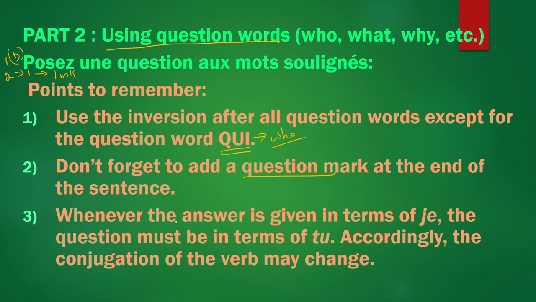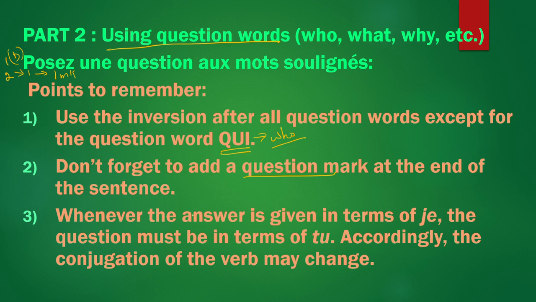If I ask you the question, where do you live? Your answer will obviously be I live in so and so place, right? So your question is in terms of you, where do you live? But your answer is in terms of I live in so and so place. So if you're given the answer, I live in XYZ place, and you're asked to ask a question, your question will be, where do you live?